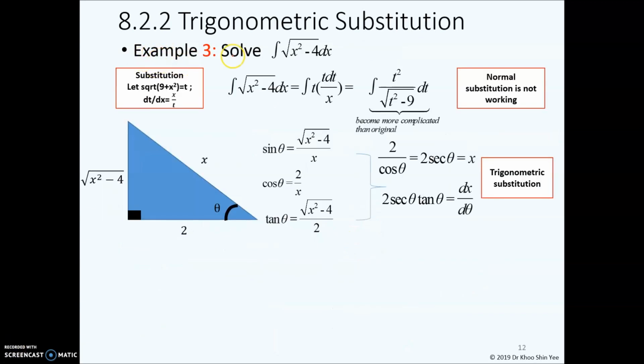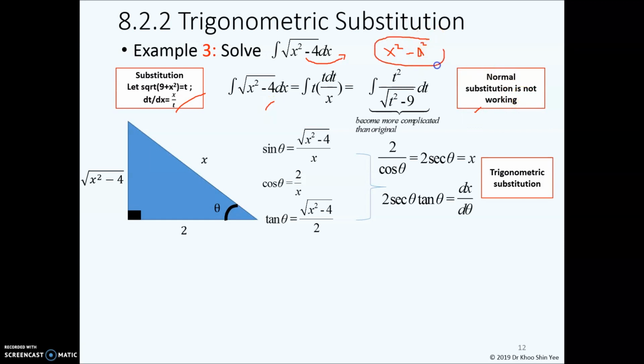Let's look at example 3. So now we have another situation here where your x squared is in front, you minus with your a squared, let's say. So if you see a term like this, same thing, you find that the normal substitution is not working.